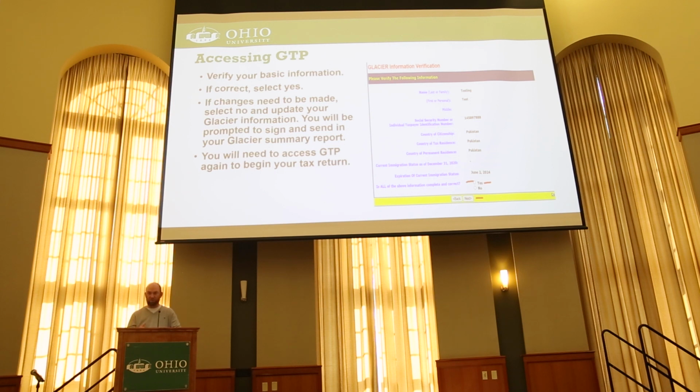If you do make changes, especially when we're talking about expiration of your current status, so if you have any sort of extension on your DS 2019 or your I-20 and you haven't reported that in Glacier and to HR yet, you'll need to update your I-9 as well as update Glacier and turn in new forms.